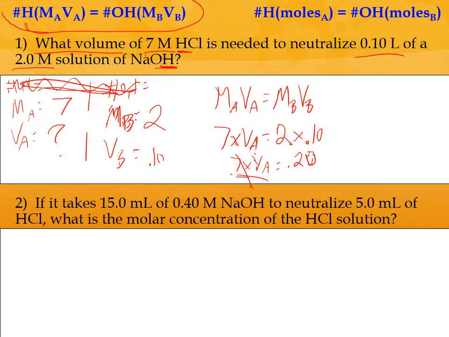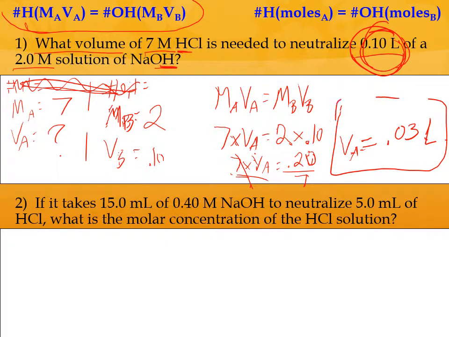I'm going to divide stuff on the right by 7, and I get an answer that VA, the volume of the acid needed, is going to be equal to 0.20 divided by 7, and 0.20 divided by 7 is 0.03 liters. I'm going to round that number off to 2 decimal places because the liter volume number up here was 2 decimal places. It's rounded to 0.03 liters.